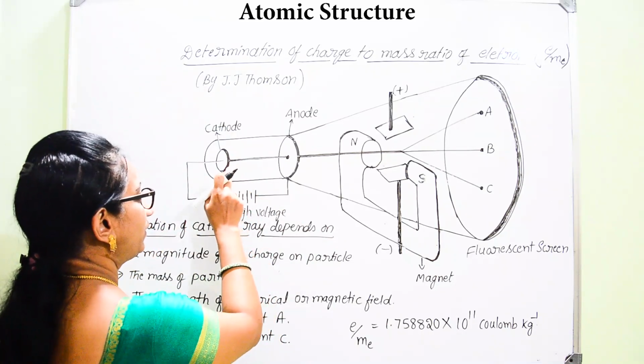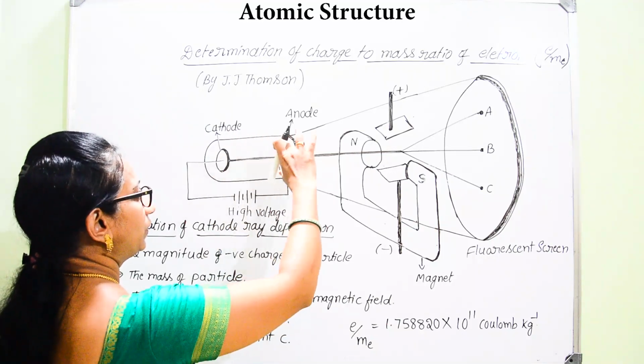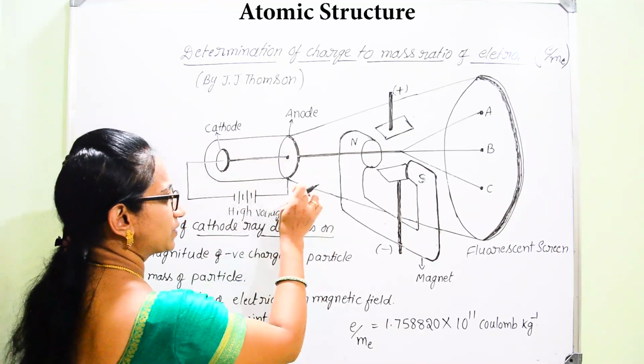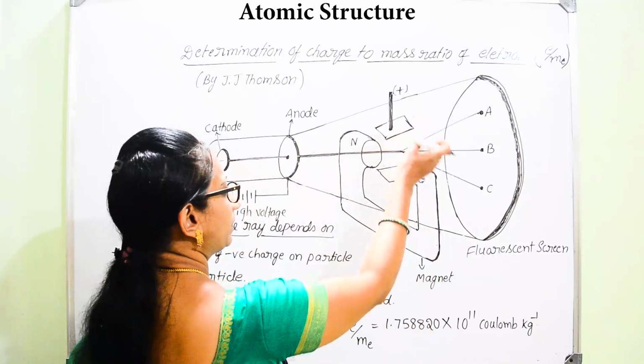Here you can find this cathode ray tube is prolonged, and it is also made of glass.